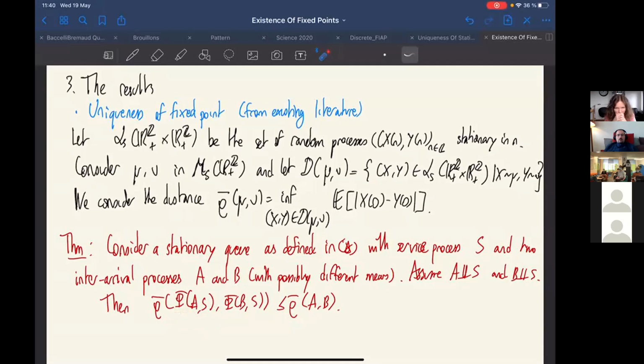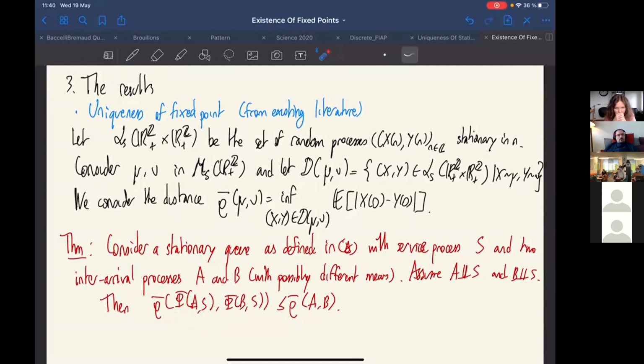From this you can easily deduce that you have a unique fixed point, because if A and B were two fixed points, you'd get a contradiction.